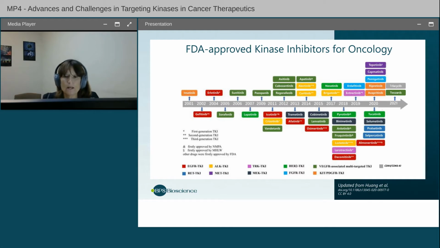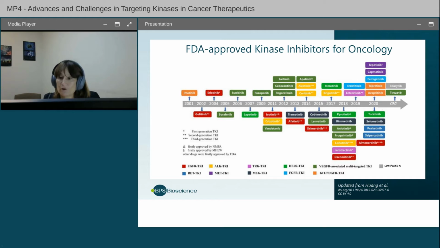It was followed shortly after in 2002 by the first generation EGF receptor inhibitor, which is gefitinib. And all these early successes have opened the door to further development of small molecule-based targeted therapies because of their high efficacy and because of their large market shares.